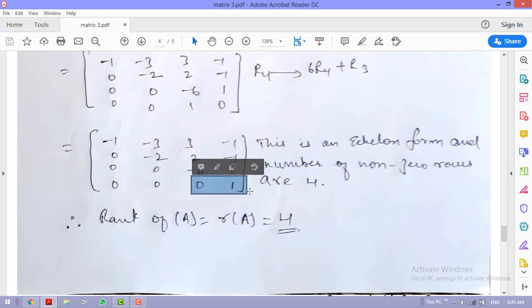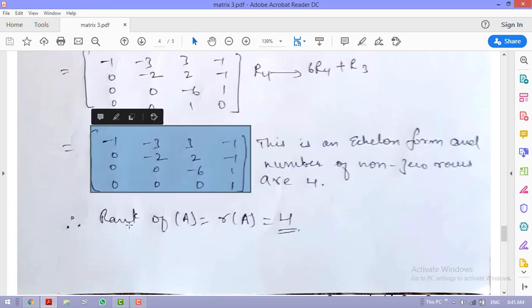So here you can see we have 4 non-zero rows. Then the rank of the matrix, R(A), is equal to 4. Okay, so I hope you understood this. Apart from this, if you have even a 5 by 5 or 5 by 4 matrix, and if we have 5 non-zero rows, then the rank of the matrix is 5, which is very rare. So you can consider a rank of a matrix up to 4.